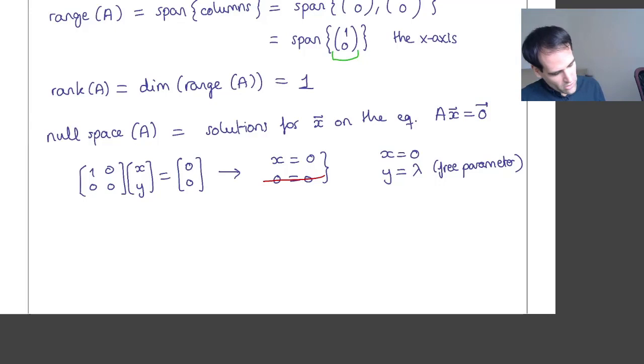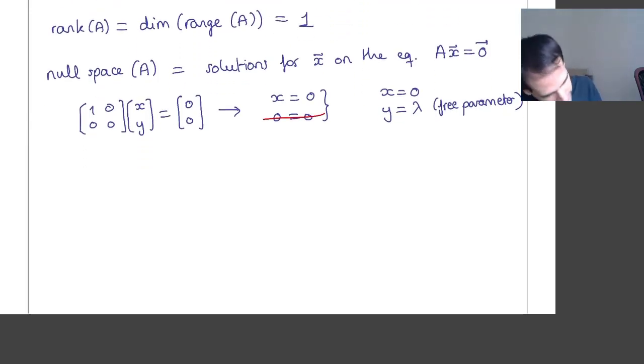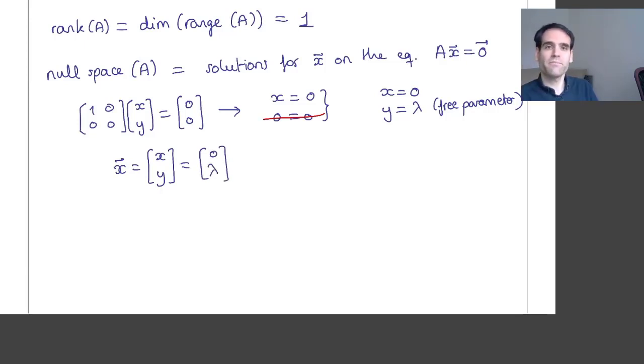So can we write vector x, which is equal to (x, y), can we substitute the solution here? So we can say that x equals 0 and y equals lambda. So we could write it like this. Or we could take lambda outside and say that this is lambda times the vector (0, 1).